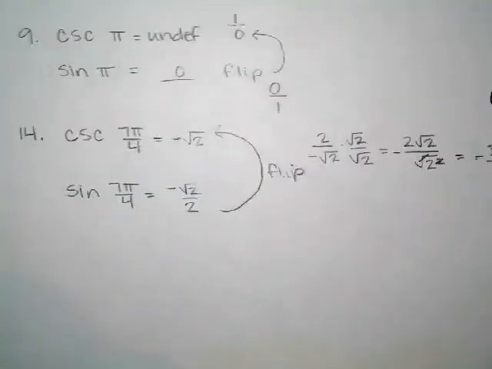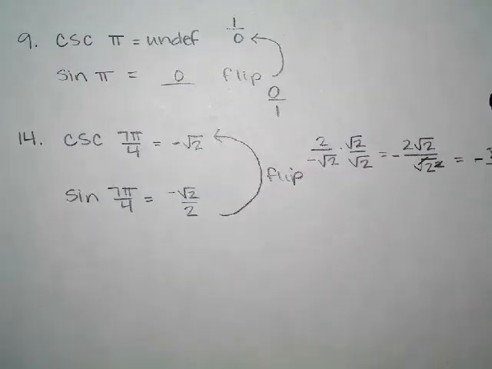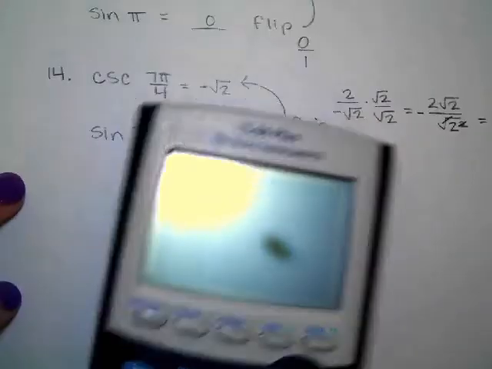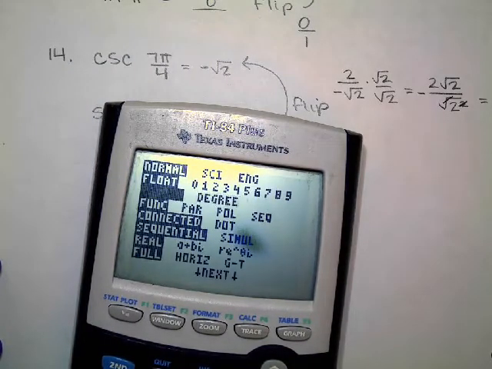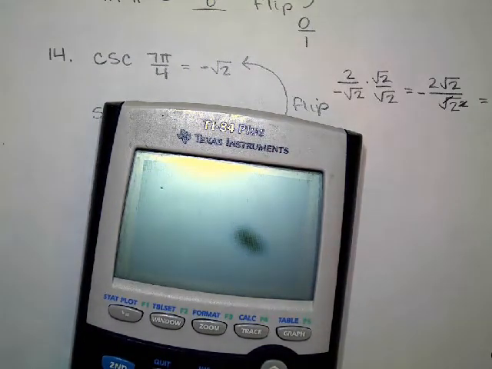Now, if I wanted to type this into my calculator to check my answer, I have to check my mode and make sure I'm in radians. And then to type cosecant in my calculator, it's not the inverse of sine. We know the inverse of sine undoes a fraction and gives us an angle as an answer, because we've done that worksheet, right? That gives us an angle as an answer.